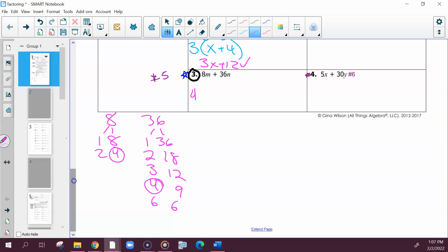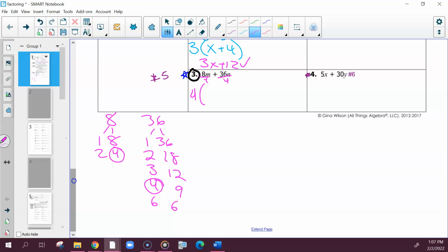So we know 4 is the highest number we can divide out of both. Can we take out any variables? We can take an n out of both? No. They both don't have m, or they both don't have n, so we can't take out any variables. So be careful with that. If I'm dividing both of these by 4, what's left on the inside?